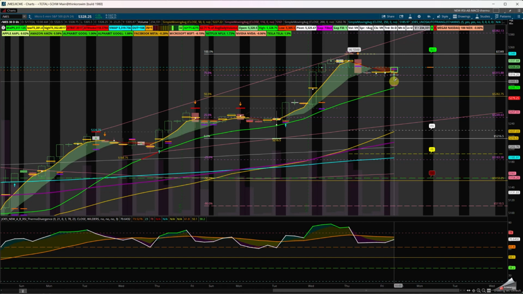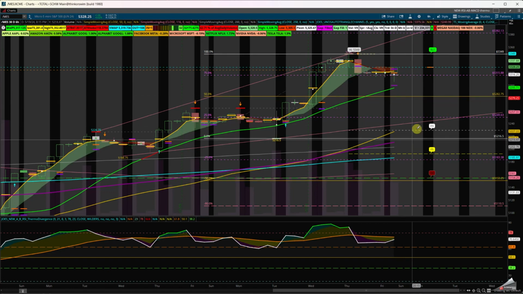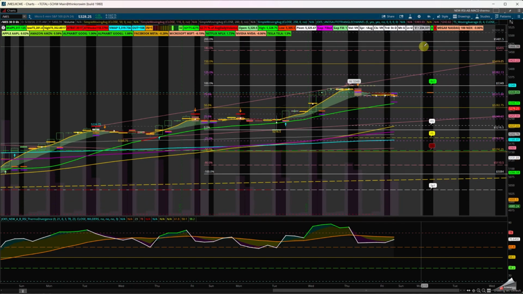So pay attention to the S&P 500. Usually the 18 SMA and the 50 are buy zones. The 0 and the 20 and the 100 and the 80 are usually buy or sell zones, looking at the extensions to the upside where we get overextended or oversold for either side for reversals.